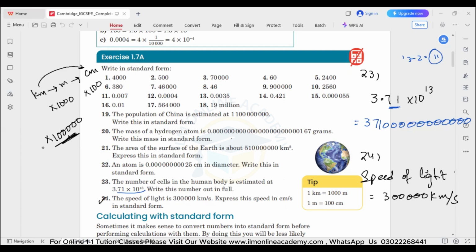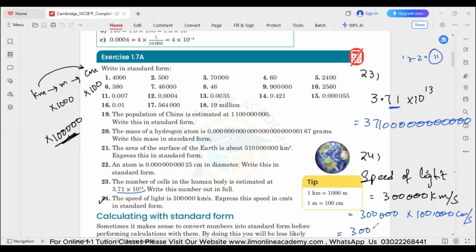So let's change that into centimeters first, and then we will change it into standard form. For that, 300,000 needs to be multiplied by 100,000. And now this will be in centimeters per second, sorry, not kilometers. Centimeters per second.